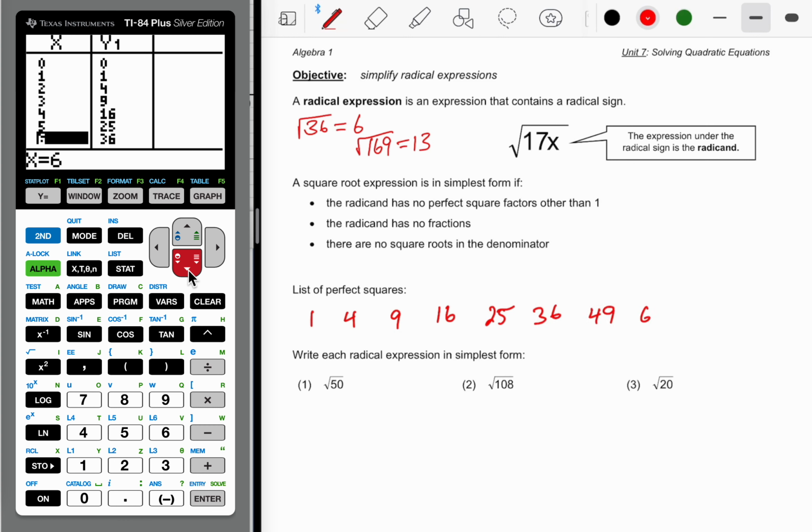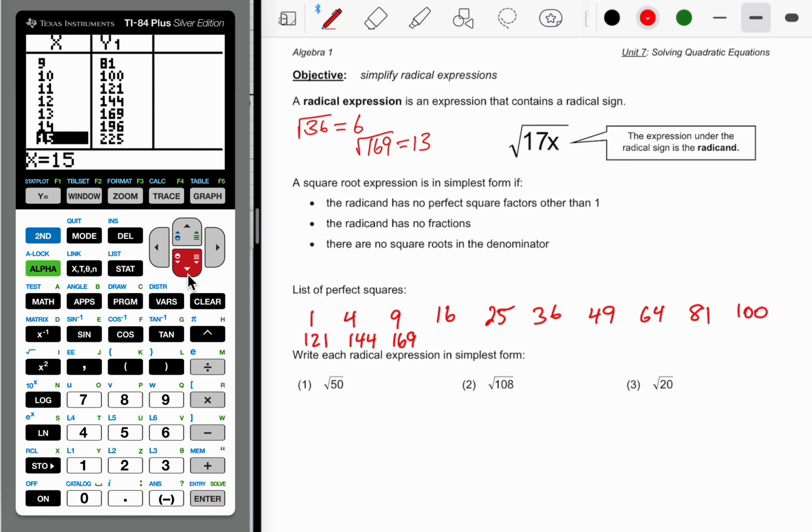49, 64, 81, 100. You could keep going on and on and on. So 11 squared would be 121, 12 squared would be 144, 13 squared is 169. All right, you go down the list. You don't have to know those. You could always just figure it out.